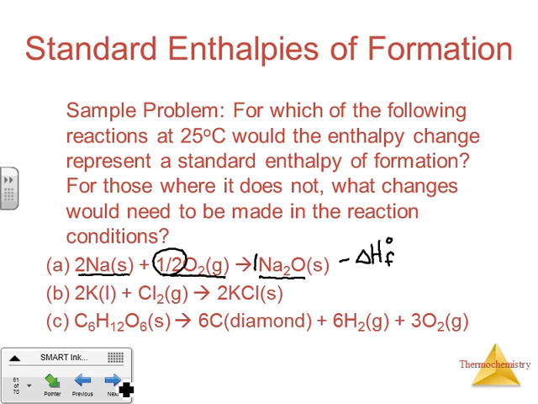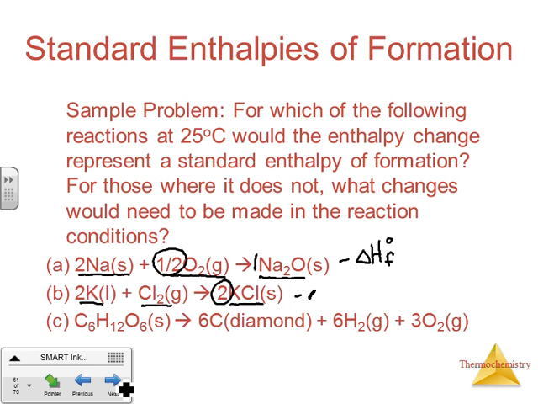The second one here, KCl is our compound. This is potassium in its elemental form, although, well, I mean, it's fine. It's a liquid. That's unusual for potassium. Usually it's solid form at room temperature. And then chlorine is in its gas form, diatomic, which is fine. But the problem with this one is we've got 2 moles of the product being made, okay?